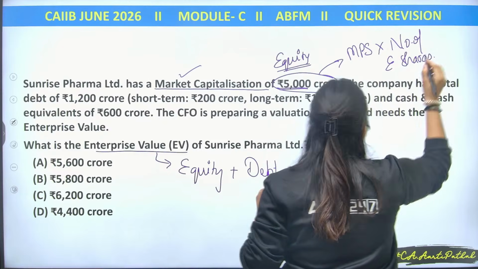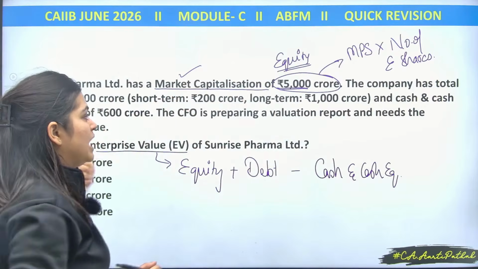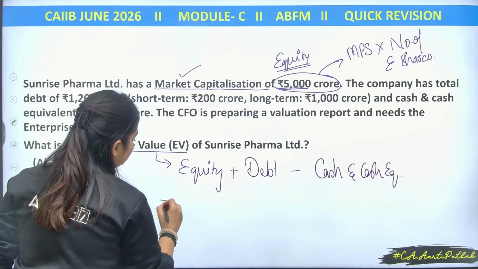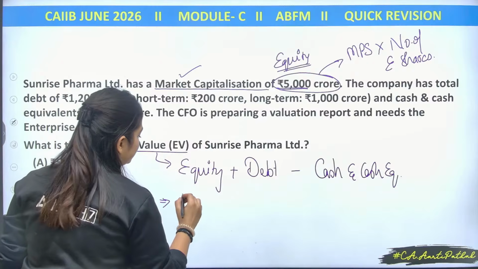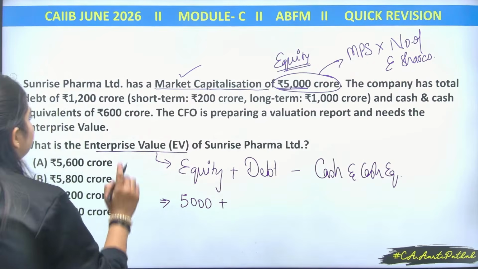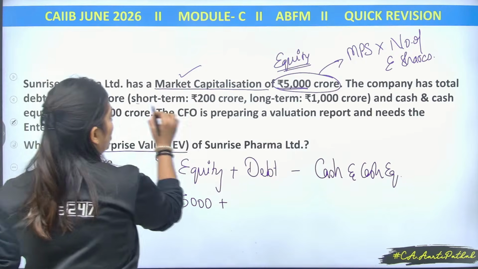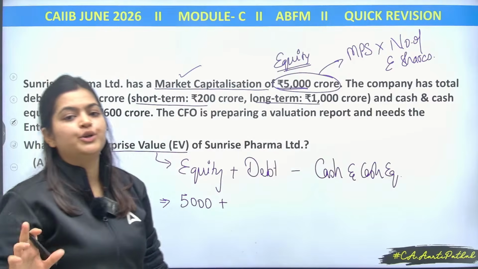And this is the formula to calculate total equity value. So this is market capitalization. So we will be taking this market capitalization for the equity, that is 5,000, plus debt. Here, remember, debt is equal to 1,200 crores. What is the debt value here? Directly it is given, that is 1,200 crores. Whether it is short term or long term, you are not going to classify it.